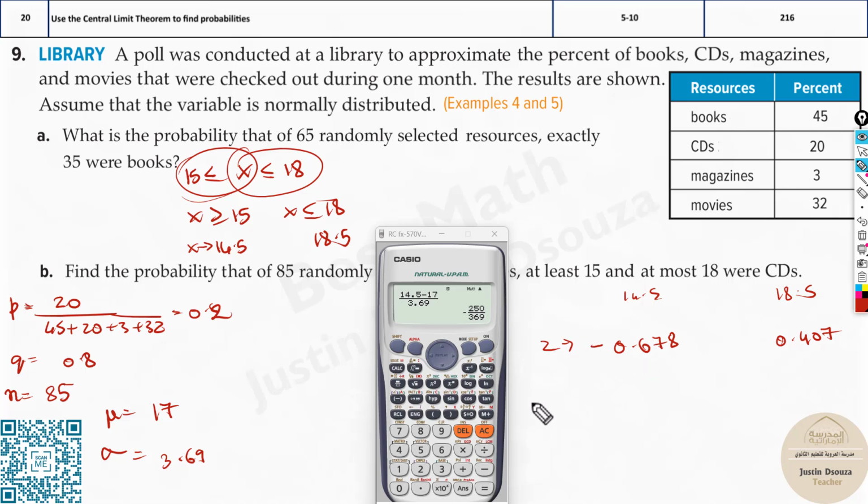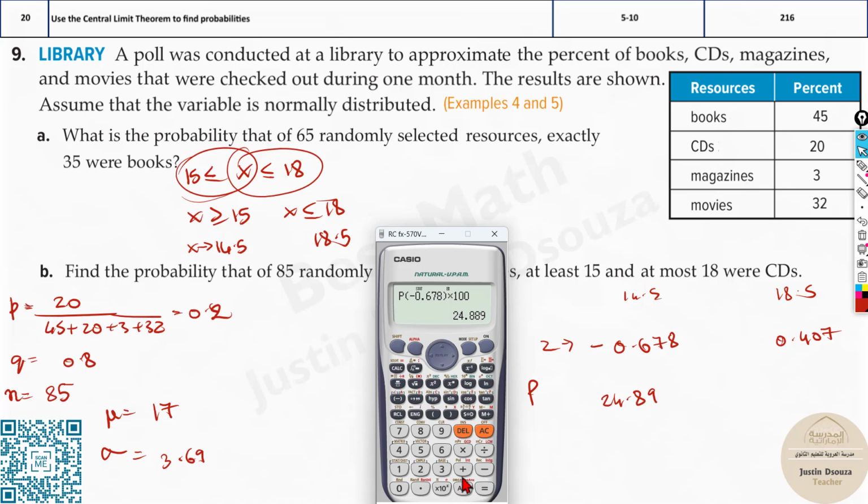Now, how do we find the probabilities? Probabilities would be from mode 3, AC. Now just use shift 1 and then find the distribution. P of negative 0.678 gives, if I multiply it by 100, 24.89. So all you need to do is multiply by 100 to get the percent. Close the bracket.